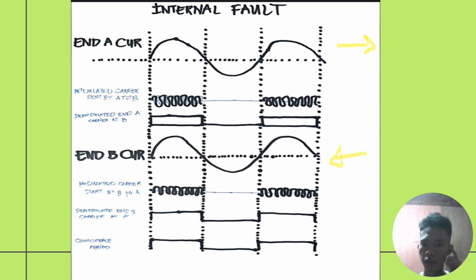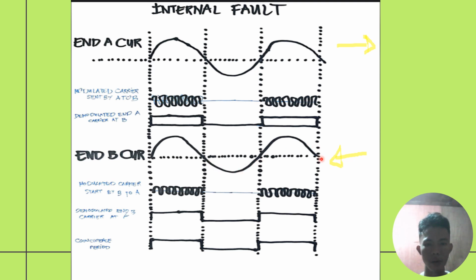So meaning it will produce a signal in a waveform like this, from high, low to high, same as the end current for B, which is high, low, high.